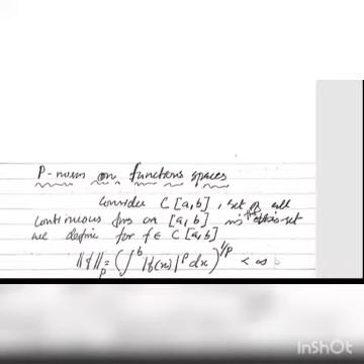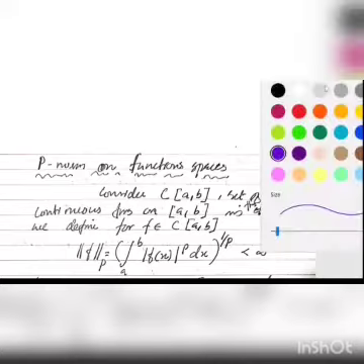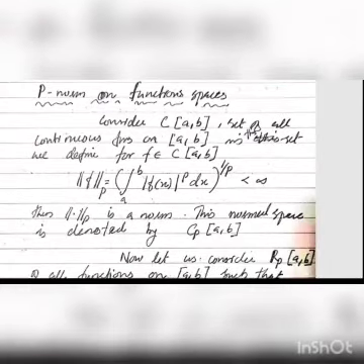First of all, we will discuss the p-norm on function spaces. So consider C of AB. C of AB means the set of all continuous functions on the closed interval AB.